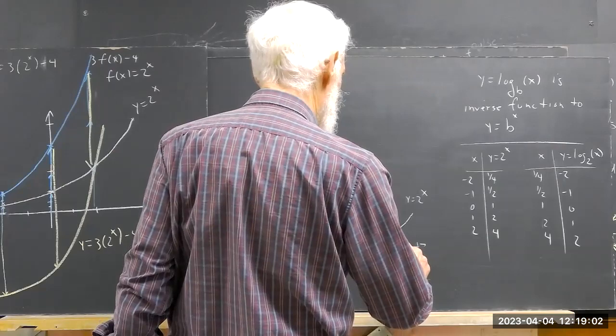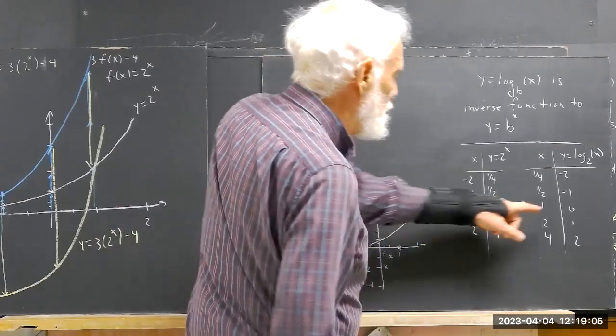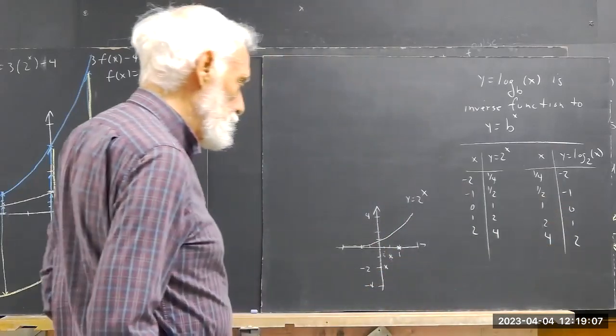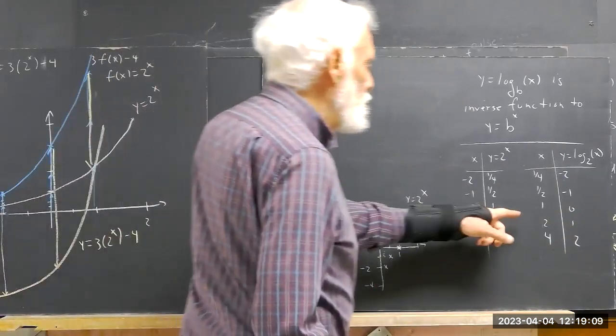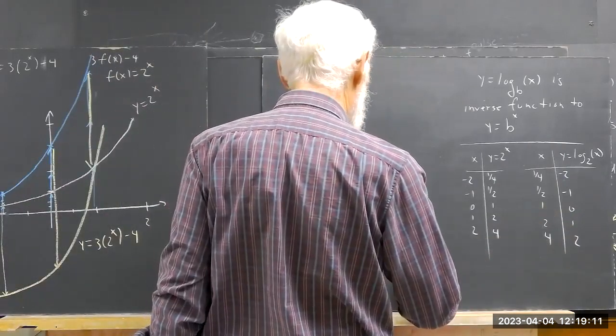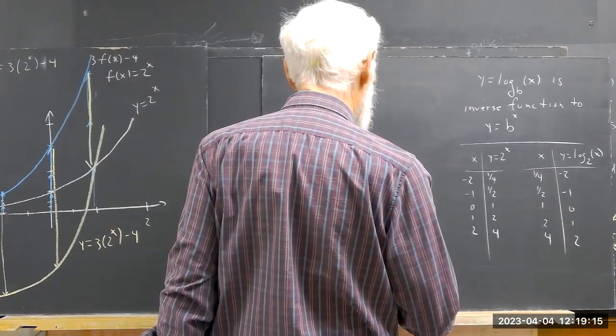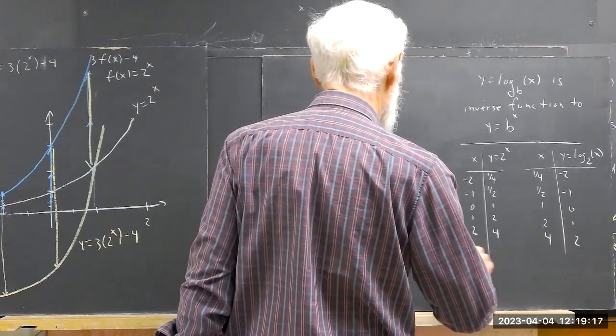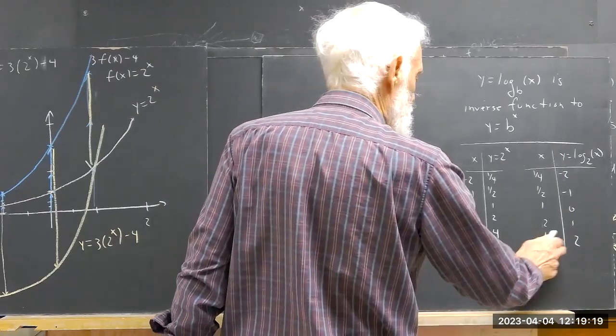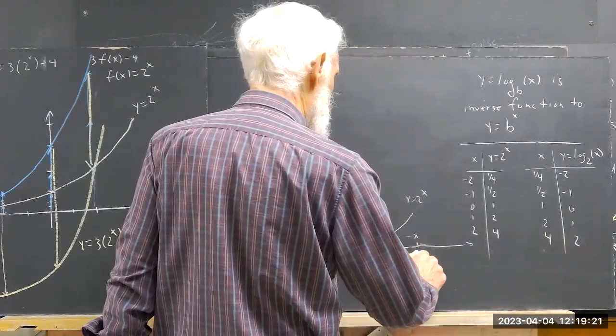That would be here. We have the point 1, 0, that's the x-intercept. We have the point 2, 1. To come out to 2, we got to come up to 1. That would be here. Now then, we got to go a little further out here. We got the point 4, 2. Well, let's see, here's 2.